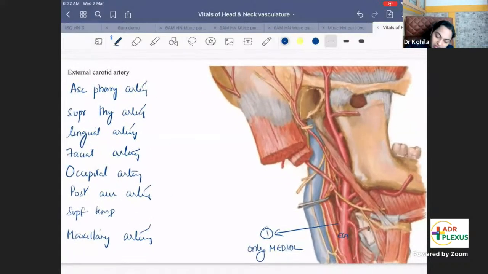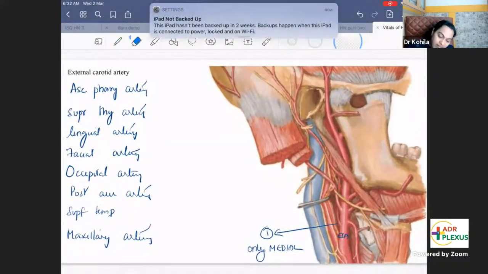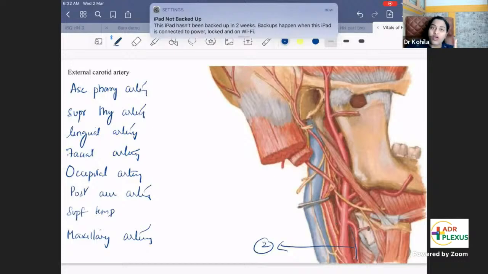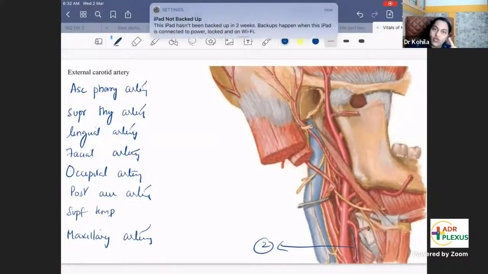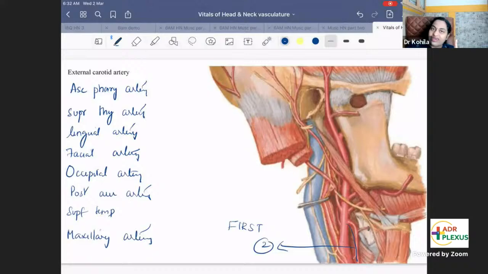Okay. Then this one, the next important one, which we'll be talking about in a bit of detail, going downwards, that's the superior thyroid artery. There was a question asked in the previous year recently. The superior thyroid artery is the first branch of the external carotid artery. Is that clear?